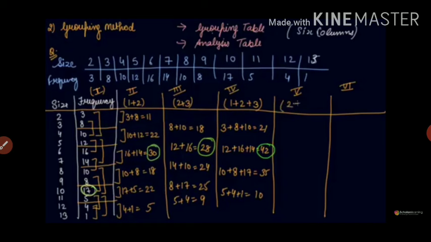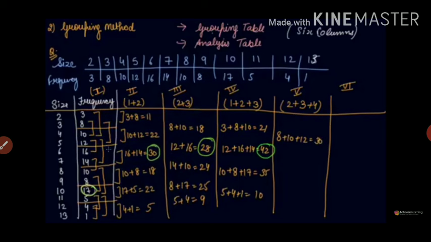Now in the fifth column, we start from the second frequency and add 3 frequencies: second, third and fourth. So we add 8 plus 10 plus 12, which is equal to 30.